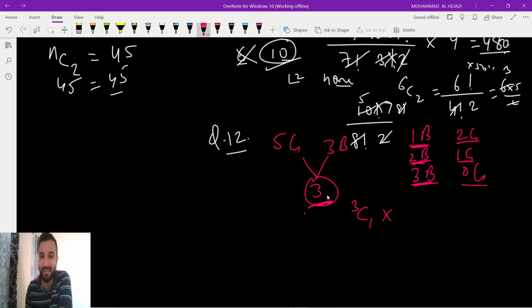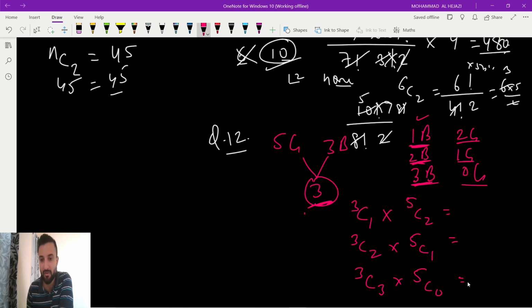So if we take one boy, then two girls; two boys, then one girl; three boys means no girl. So 3C1 for the boys and, multiplied, 5C2 for the girls. Then 3C2 into 5C1, then 3C3 into 5C0.